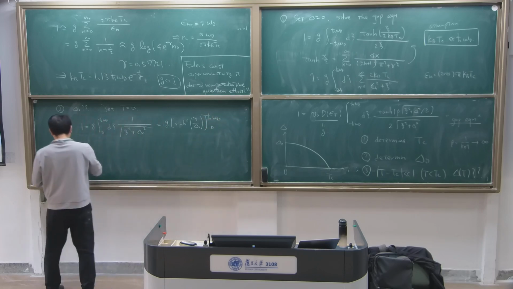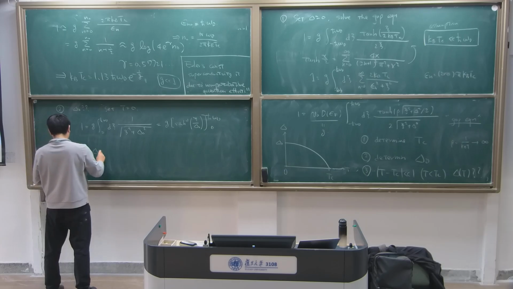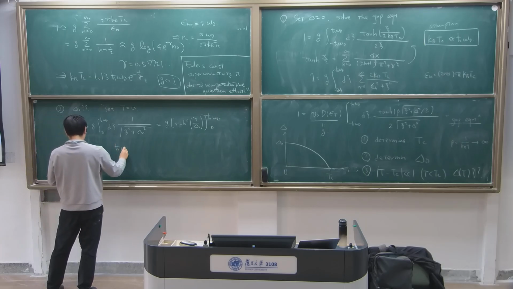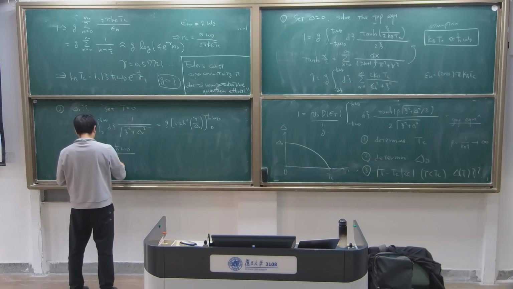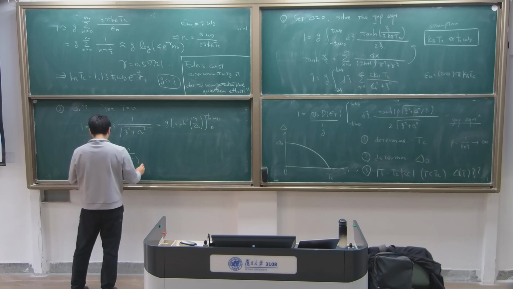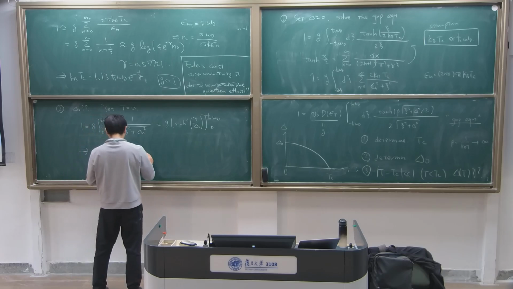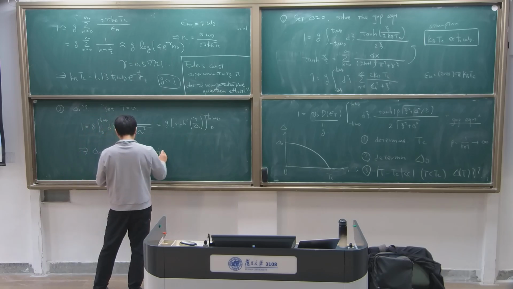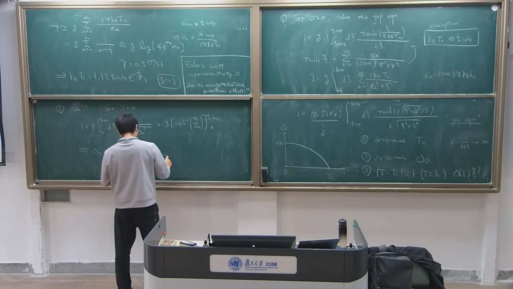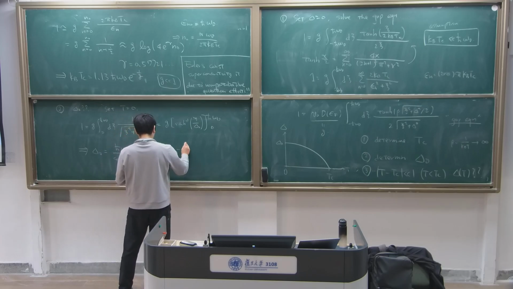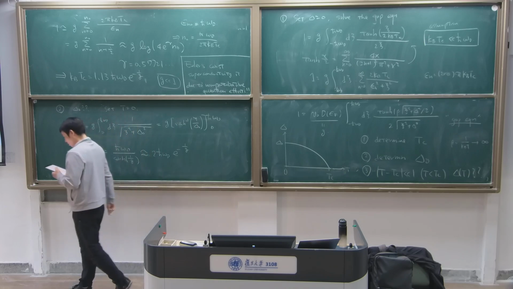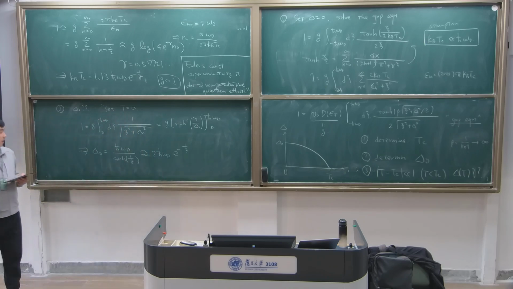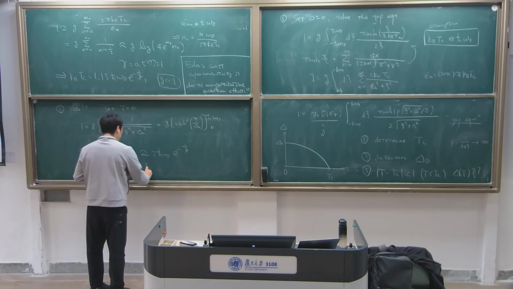And from here, what I show is that delta zero is h bar omega D divided by sinh of 1 over G. And this is approximately 2 h bar omega D e to the minus 1 over G, if you assume G is very small.